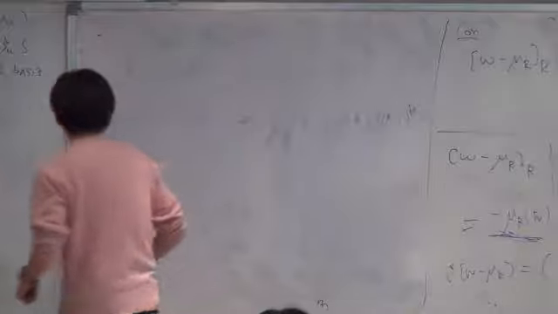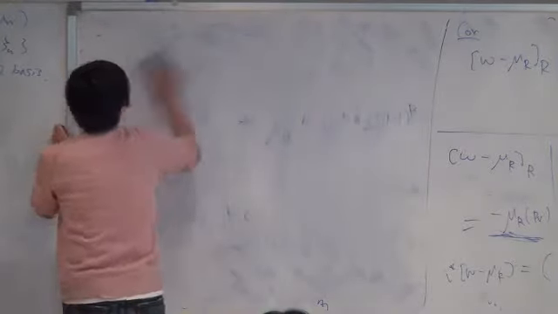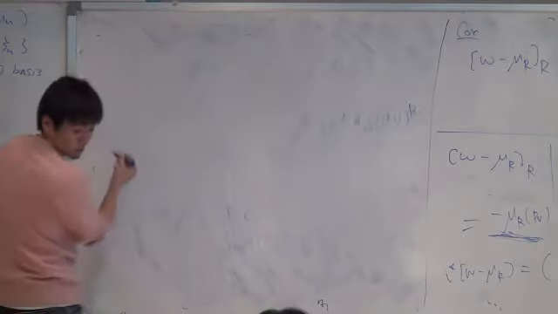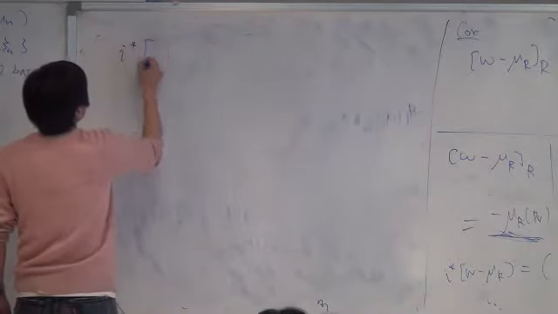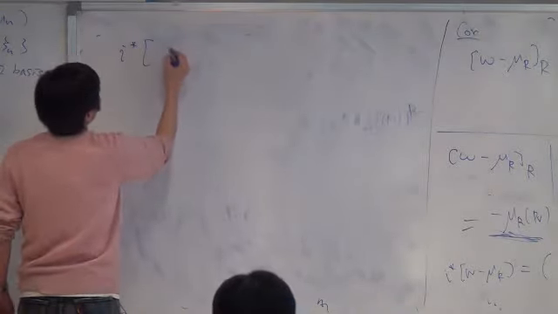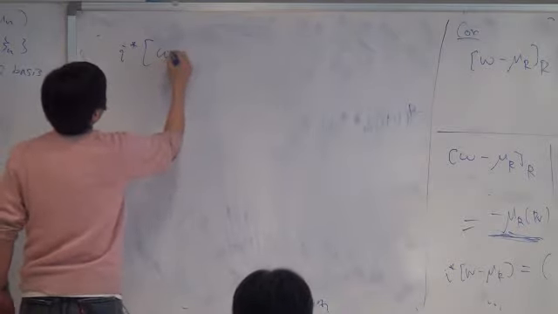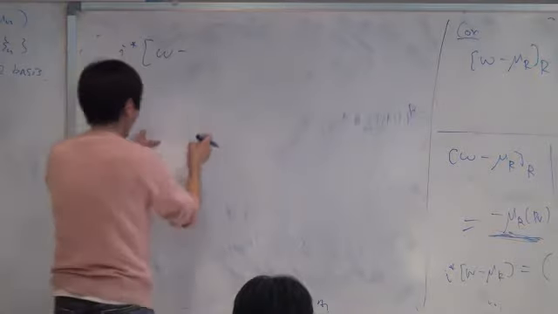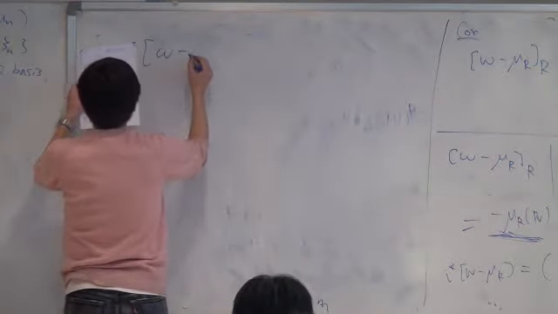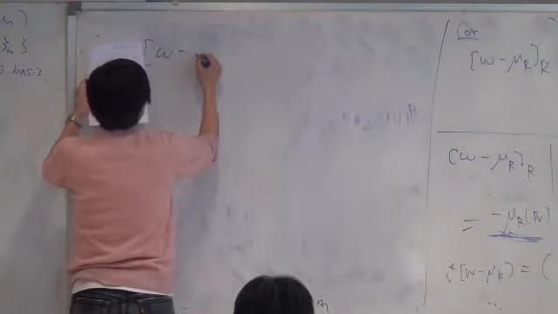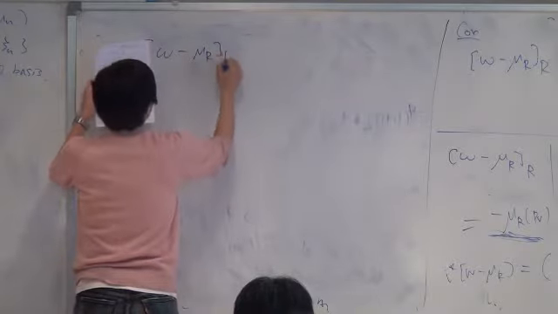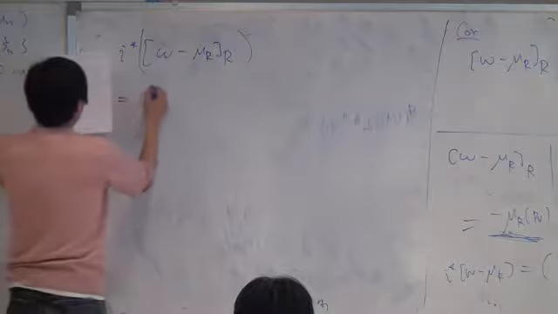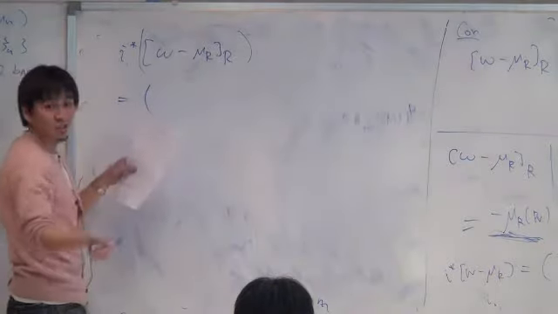Okay, so that tells you, when you pull back the class of the symplectic structure, that gives you the minus the vertex.